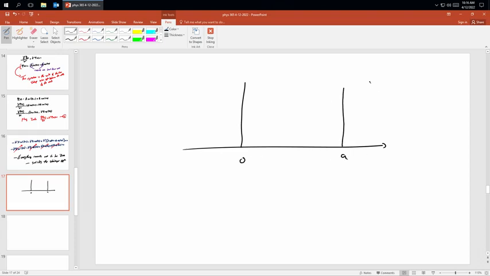Psi of x is going to equal to 0 over here, where v of x is going to equal infinity, which means your wave function is going to equal to 0.